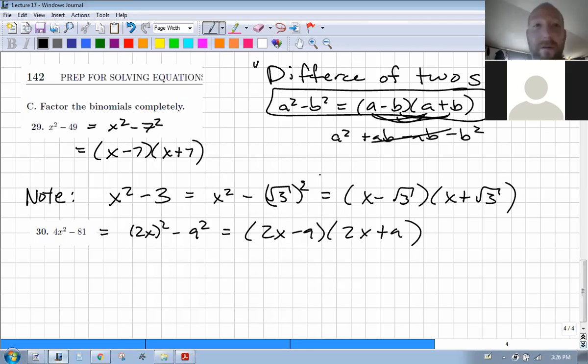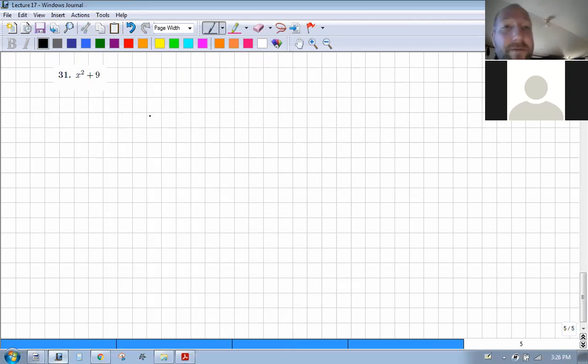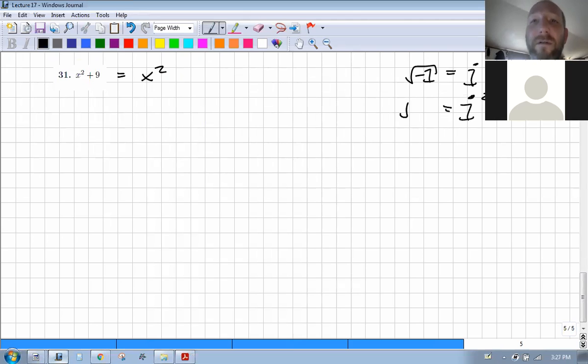31. This one's not the difference of two squares, right? Actually, it is. Remember, the square root of minus 1 is i. So i squared, the square root of minus 1 squared, is minus 1.